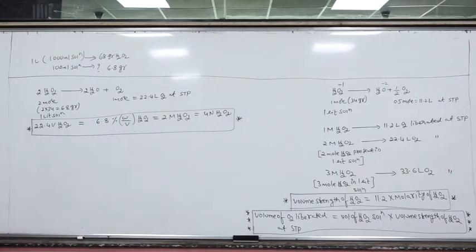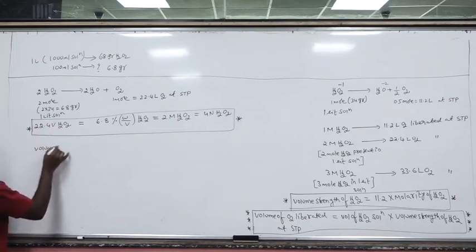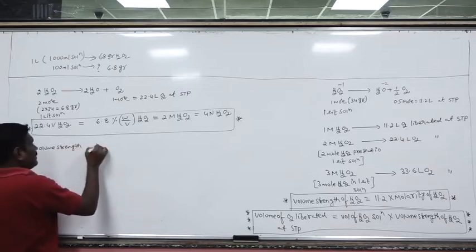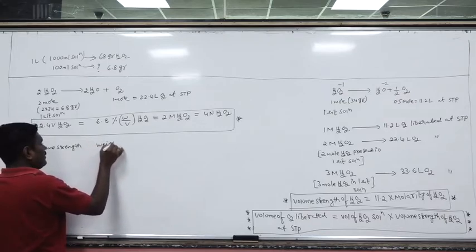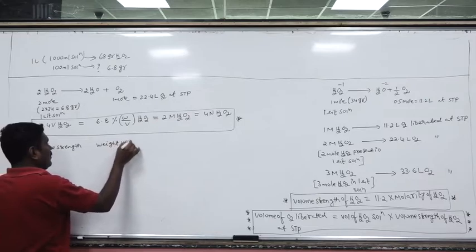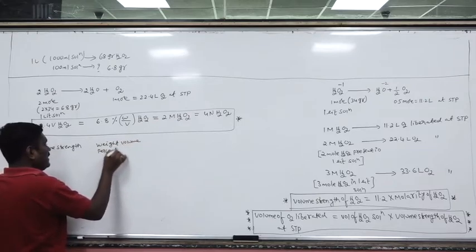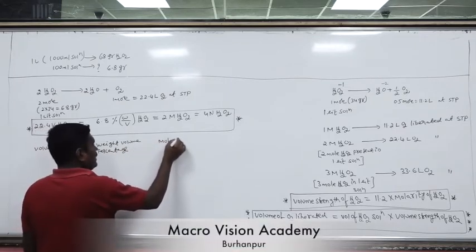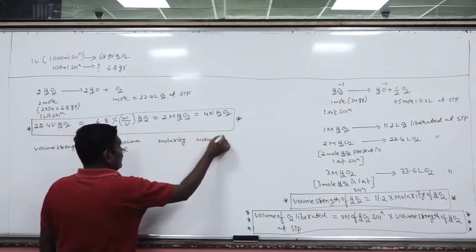Okay, let's suppose I am writing here volume strength, here weight volume percentage, here molarity, here normality.